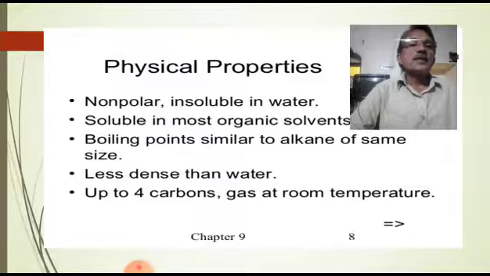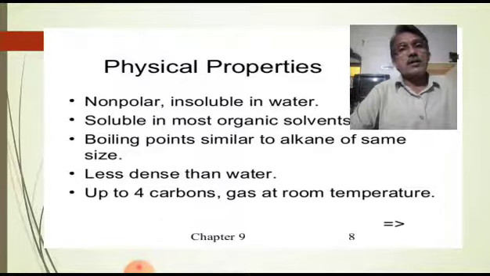Now come to the physical properties of alkynes. Alkynes are non-polar in nature and insoluble in water. Alkynes are soluble in most organic solvents. Boiling points of alkynes are similar to alkanes of the same size.